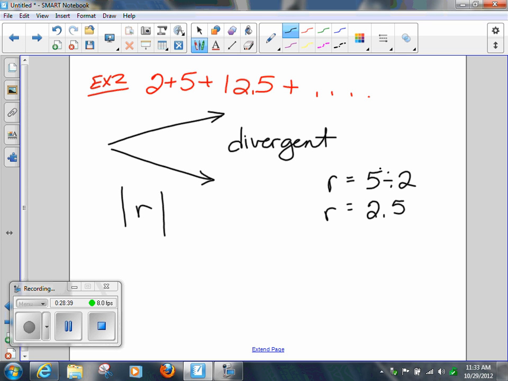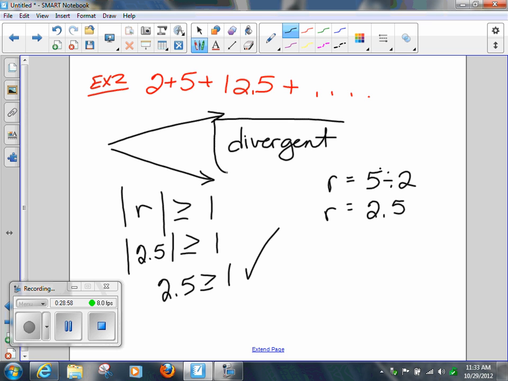So now we're going to take the ratio. This one should be greater than or equal to 1. Right on. 2.5. What's the absolute value? Is the absolute value of 2.5 greater than or equal to 1? Yes, which we just proved, that it is indeed divergent, okay?